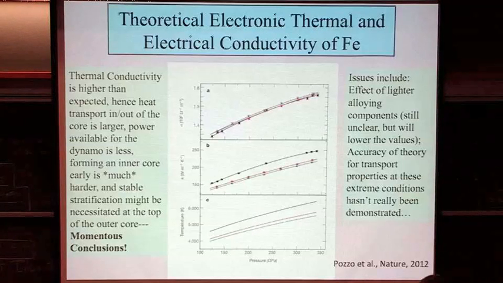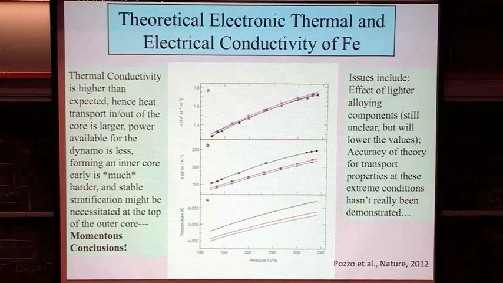Why? Probably the best illustration is from a very recent paper from, again, the UCL more theory-oriented group, Dario Alfe, Gubbins, and Pozzo. And what they get, and these are similar to stuff that Razvan discussed late yesterday, they take sequences of temperature through the core, they invert their theoretical model for thermal conductivity and for electrical conductivity.